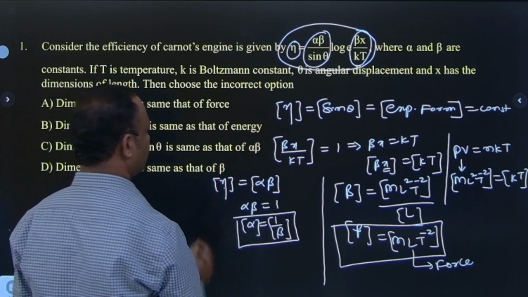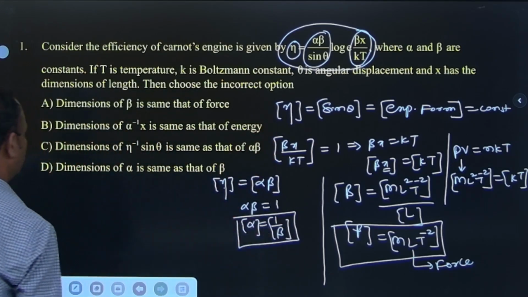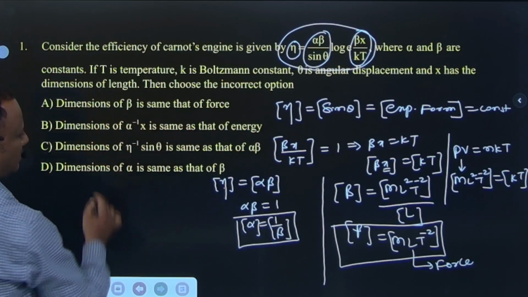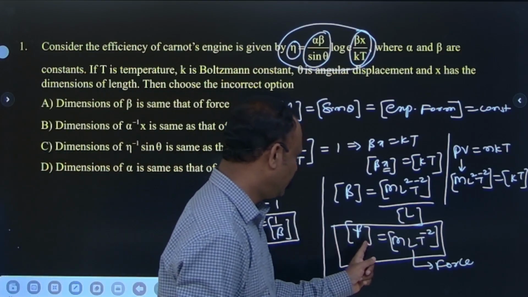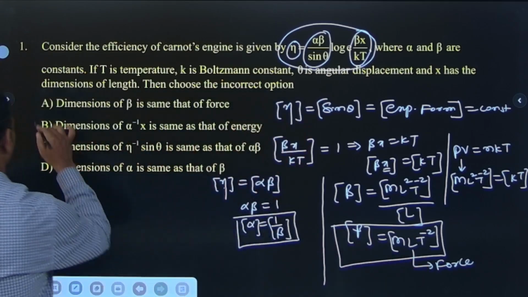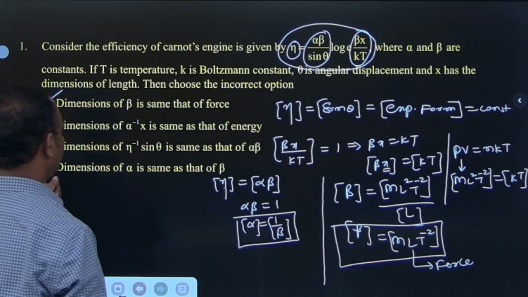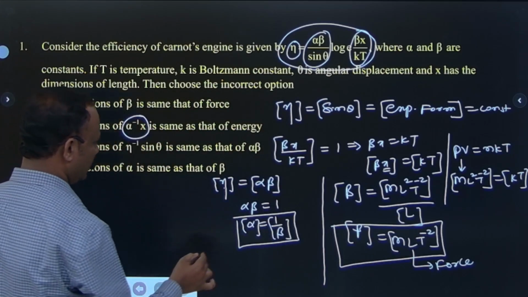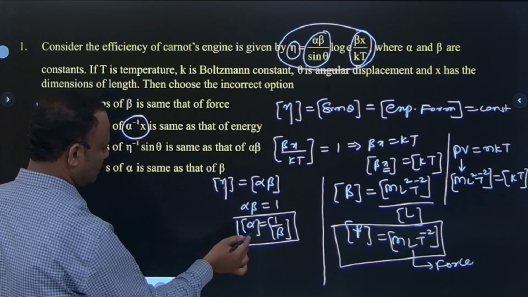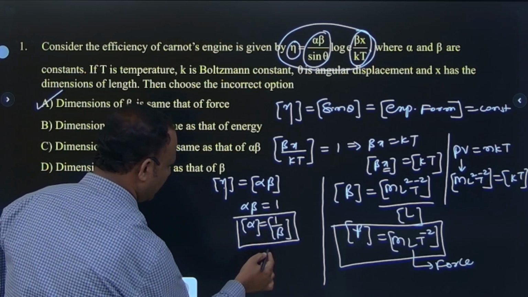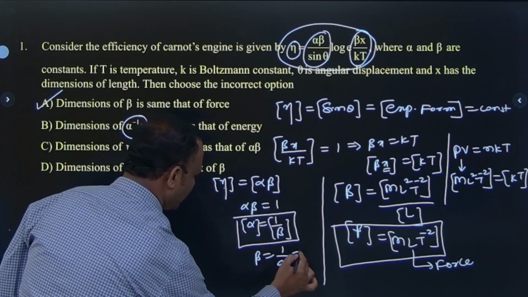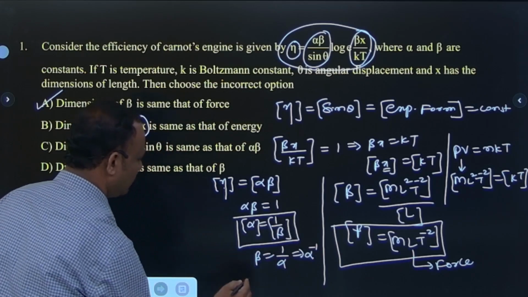Next one. First, the dimensions of beta are the same as that of force. And the dimensions of alpha inverse into x. Beta is equal to 1 by alpha, so this becomes alpha inverse.